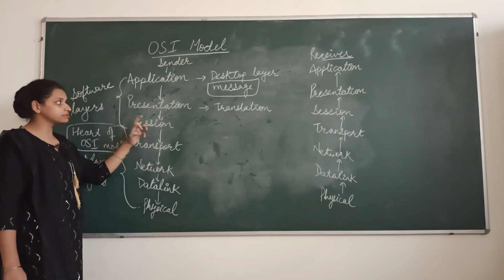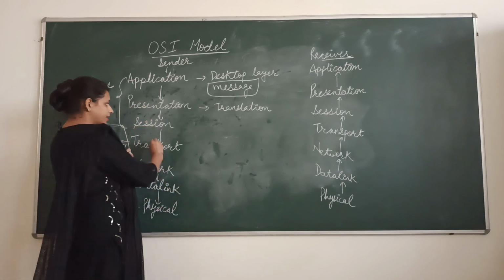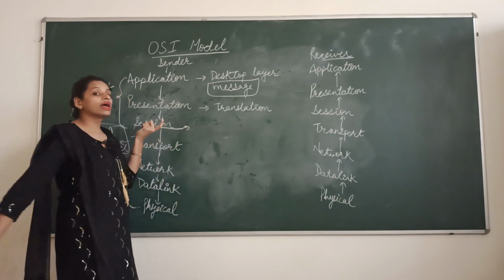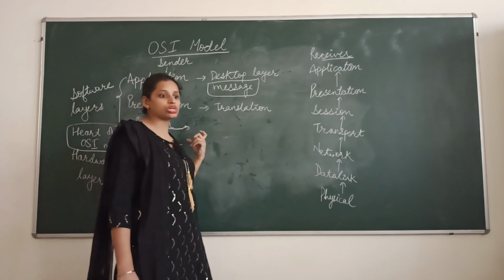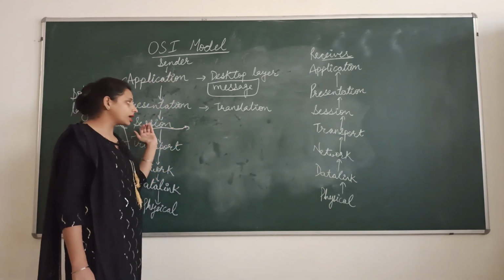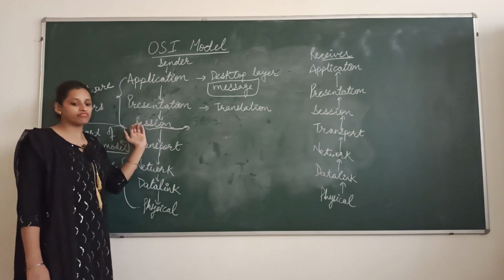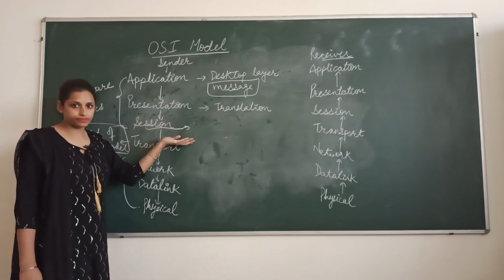Then the data that is passed from presentation layer to session layer. Session layer means it has to establish the session and maintain the session, control its authenticity, verification, and then process the data.